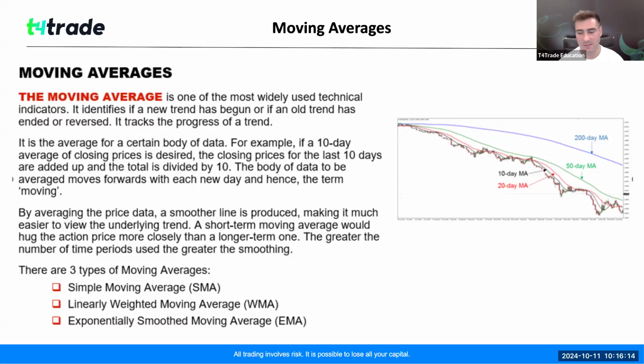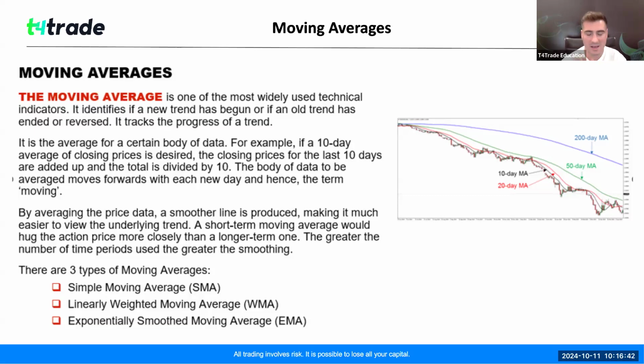So if a 10-day moving average is used, the closing prices of the past 10 days are used, and the body of data to be averaged is in a sense evolving over time. You add on a new day and you extract from the equation the prior 10th day, and you move on, hence the term moving average.